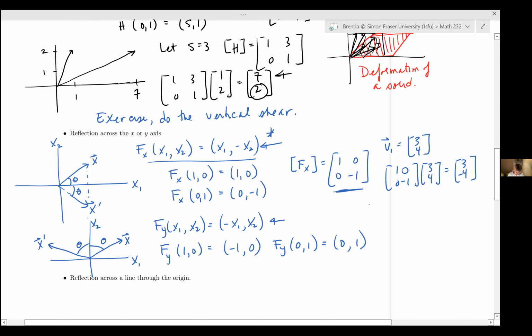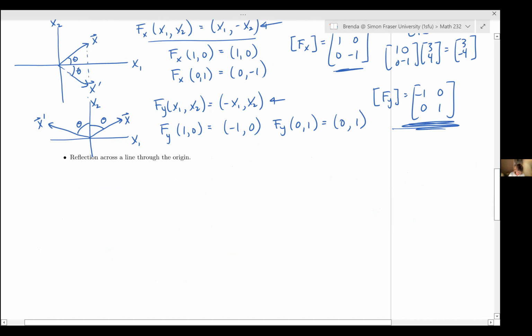Okay. I put them into the matrix as columns. Okay. So there is the 2x2 matrix that performs the operation of reflecting vectors across the y-axis.